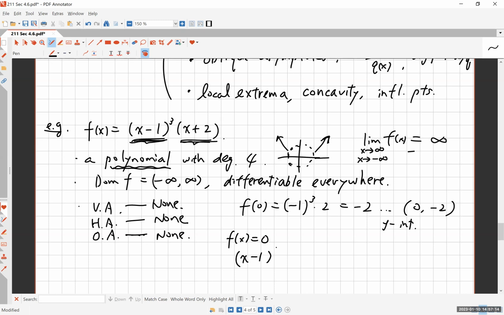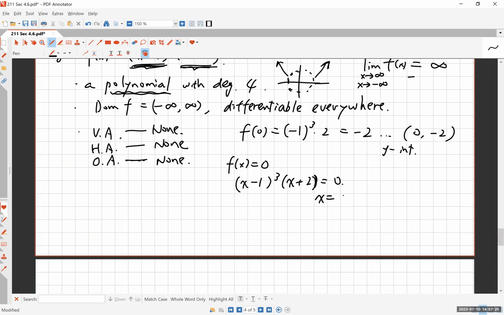You can easily find out because the function is already factored. Setting it equal to 0 means x is either 1 or -2. So we have (1, 0) and (-2, 0). These are the 2 x-intercepts here.